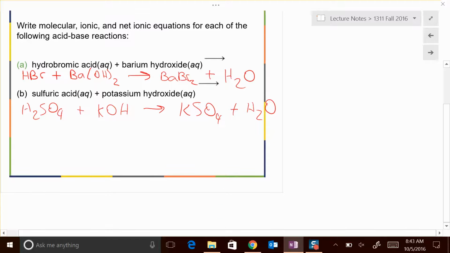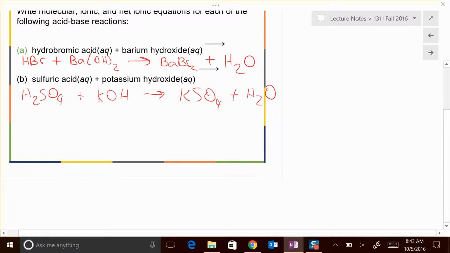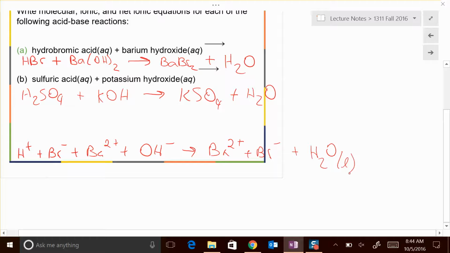Okay, so let's go ahead and write the ionic equation for A. We have H plus, Br minus, plus Ba2 plus, OH minus, produces Ba2 plus, Br minus, plus H2O, which is a liquid, so it stays together.